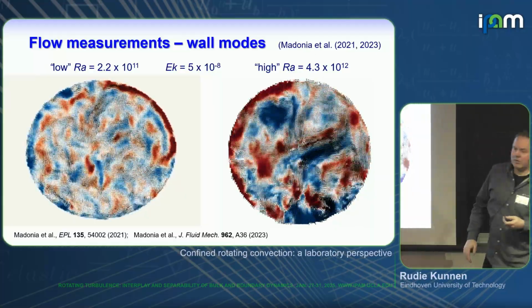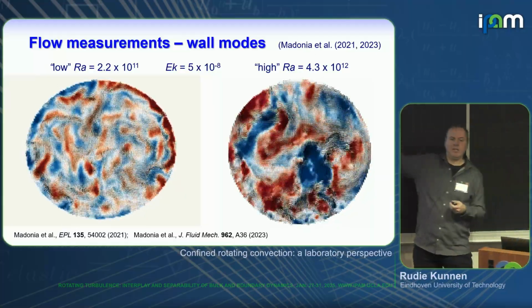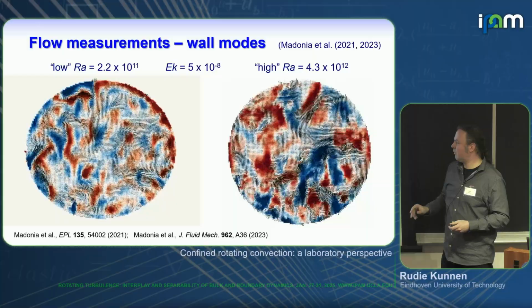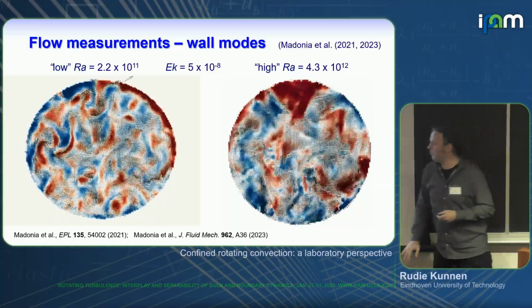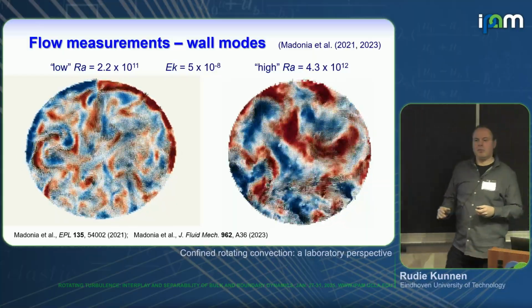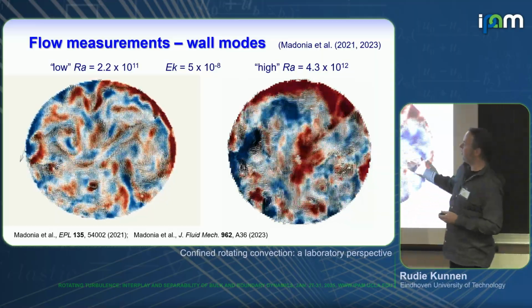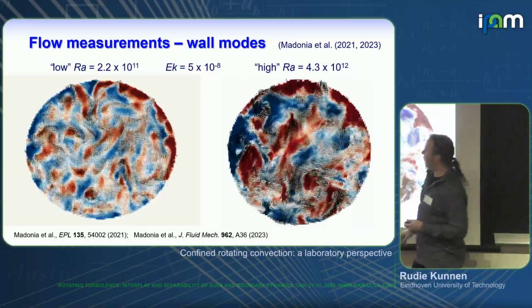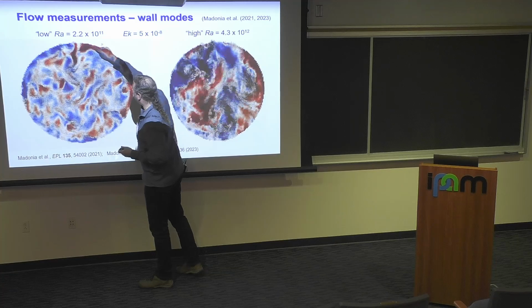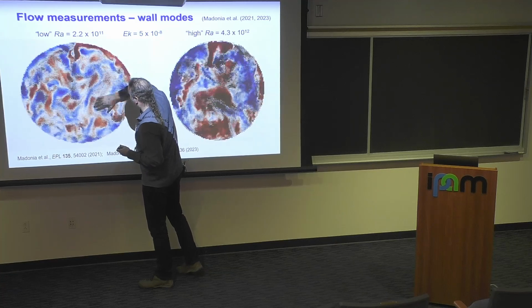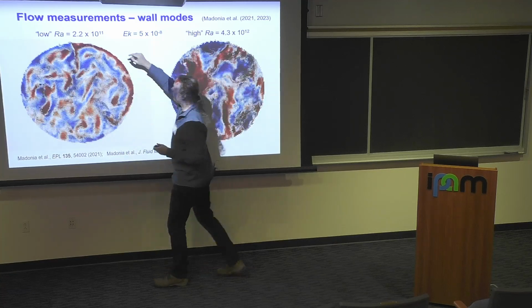Now, some movies, once again for a small Rayleigh number and a high Rayleigh number. And much of the results from the simulations actually reappear again. We have the vertical velocity color-coded and the arrows for horizontal components.